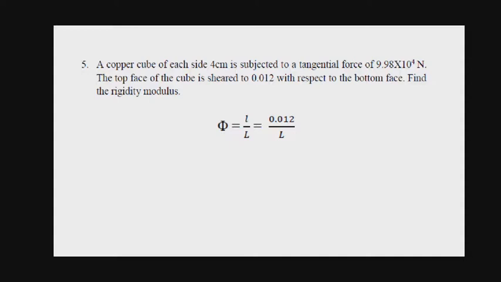So given here L into B into H, that is 4 centimeter into 4 centimeter into 4 centimeter, and force F is equal to 9.98 into 10 to the power 4 Newton, and l is equal to 0.012. Formula: eta is equal to l by L, that is 0.012 divided by L.